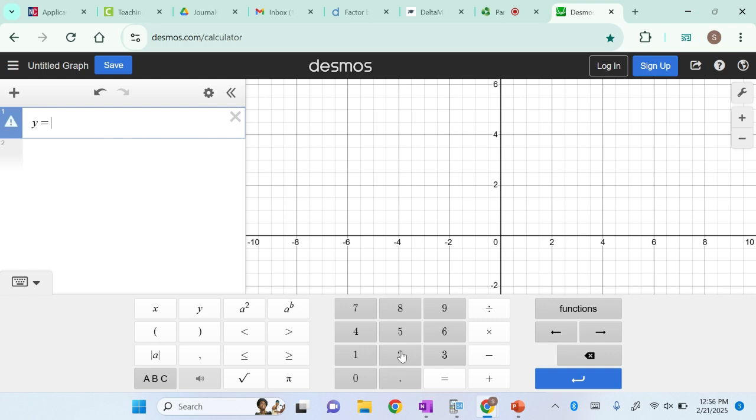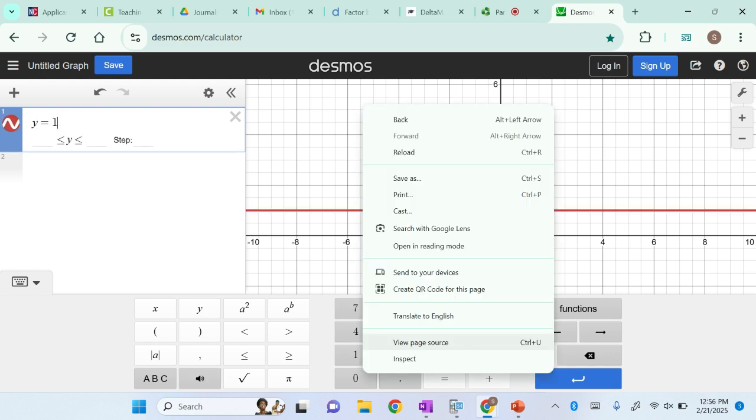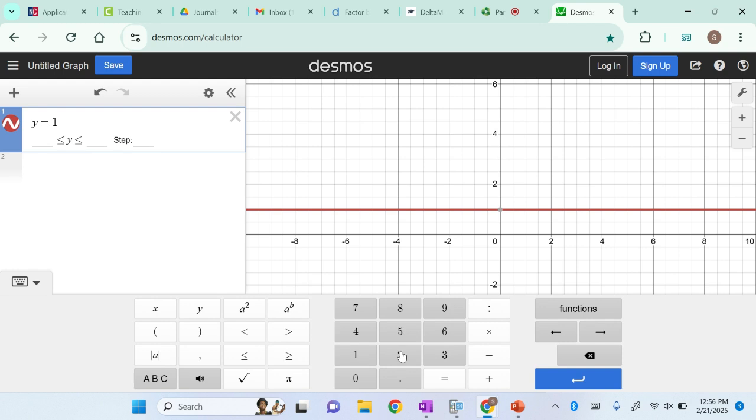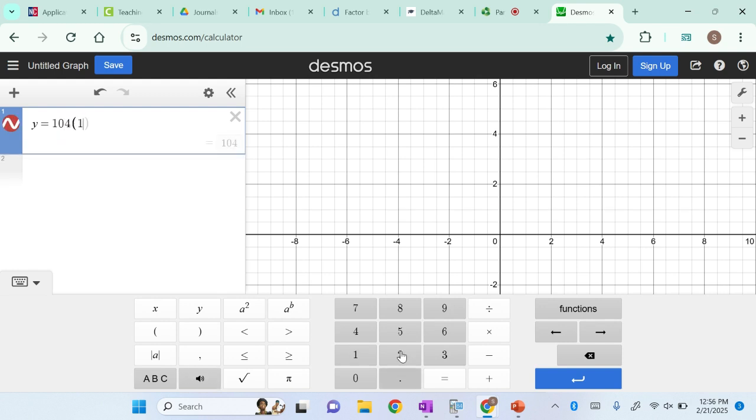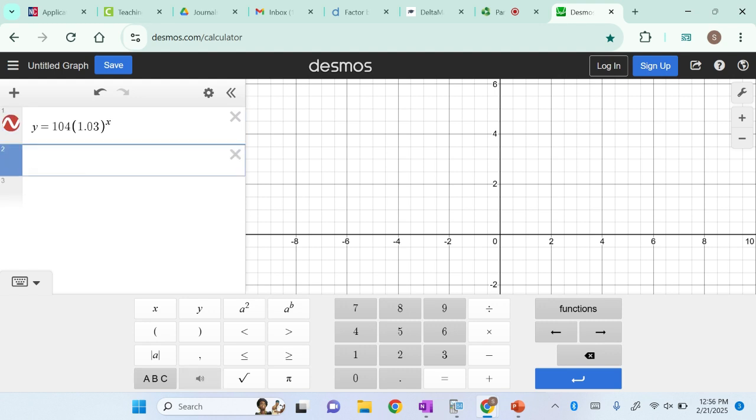So y equals 104 times 1.03 all raised to the x power. Now, 200 is what we're shooting for. Would that be an x or y value? So let me ask you this.